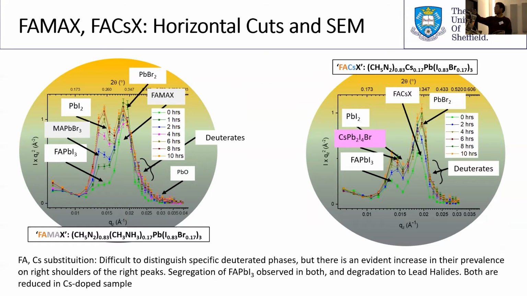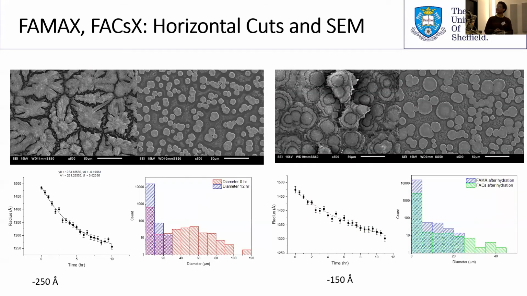However, you also see the production of a potential cesium byproduct, cesium lead iodobromide, and this has actually been previously identified by other researchers.